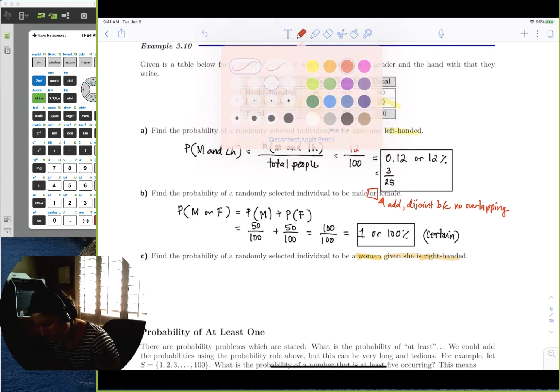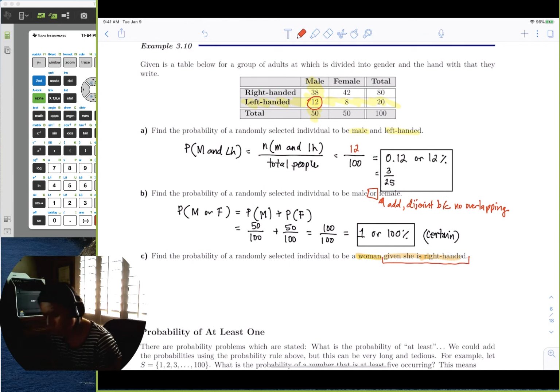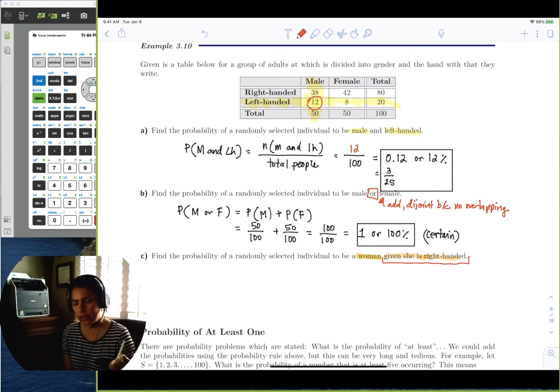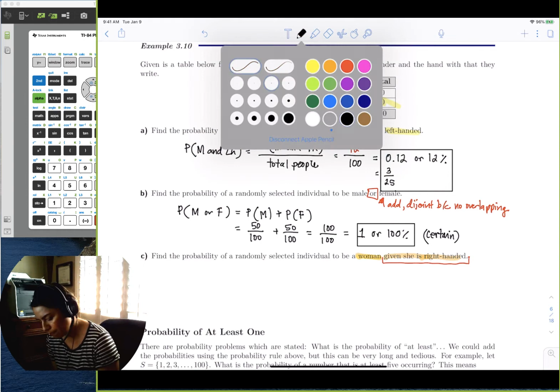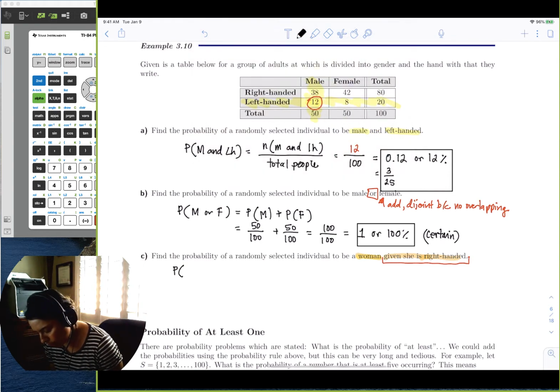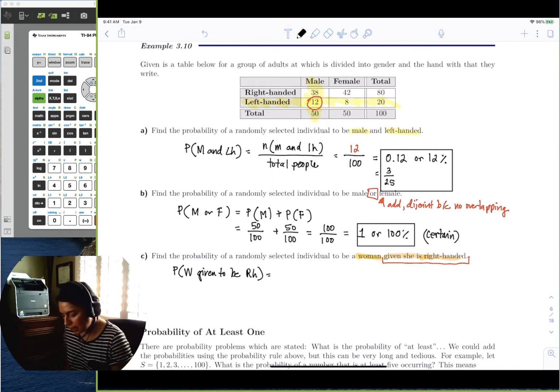So are we looking at everyone, or are they telling us who to look at first and then take somebody and grab from them? So the probability that it's a woman given to be right-handed. What this is saying is to find a randomly selected individual that's a woman, given that she's right-handed.